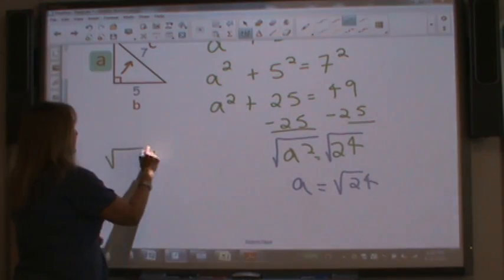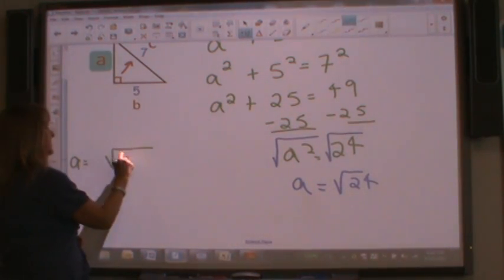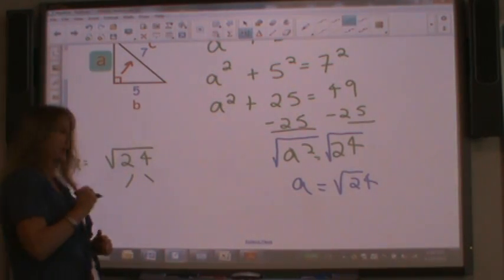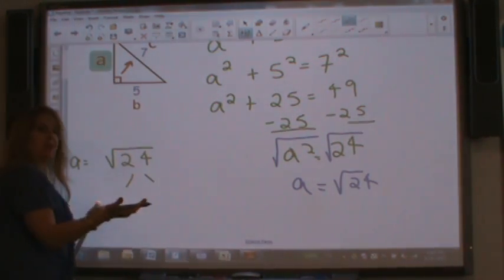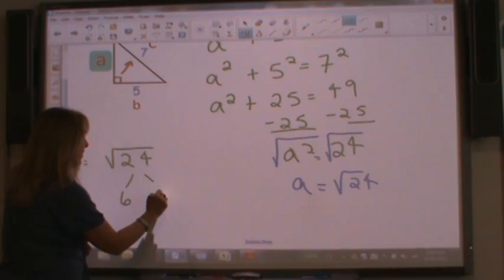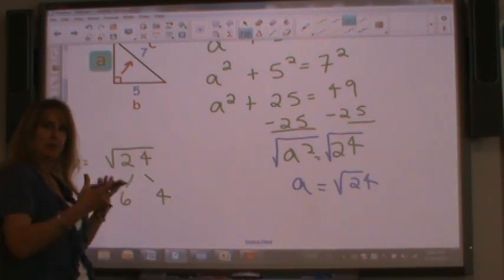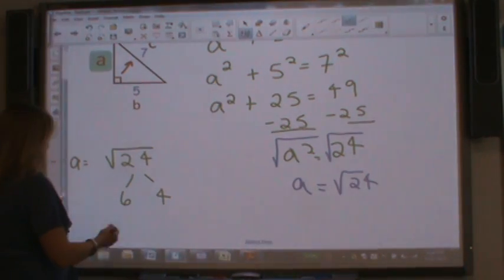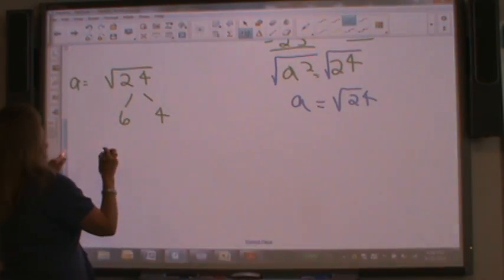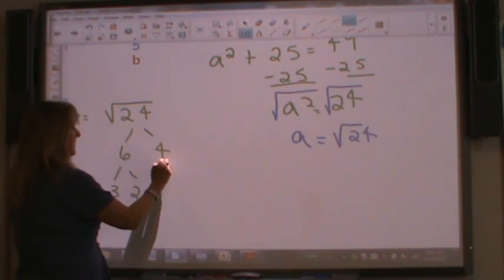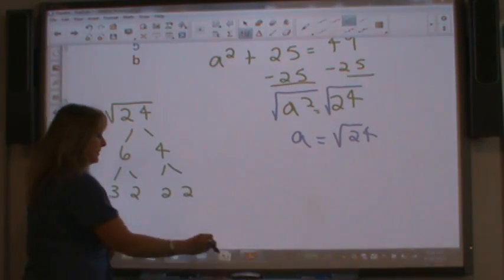So when I have that a equals the square root of 24, I'm going to look at a way to see if I can simplify it. So I might think, one of the factors is 6 times 4. You can just go with what you originally think of. Okay? So as I do that, I see that 6 has 2 factors of 3 and 2, and 4 has 2 factors of 2 and 2.